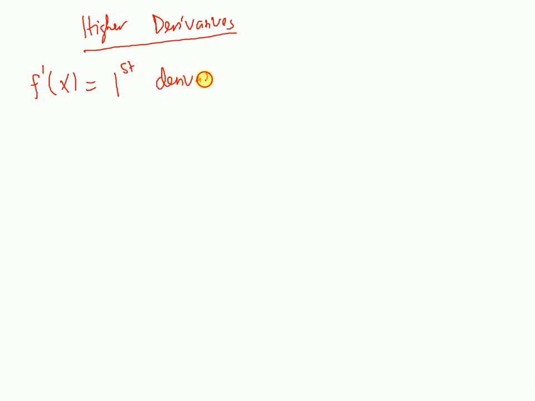Alright, so let's discuss one more topic, then we end this section. This last one is the higher derivative. So remember, f prime of x is the derivative of the function f, or you can call that the first derivative.